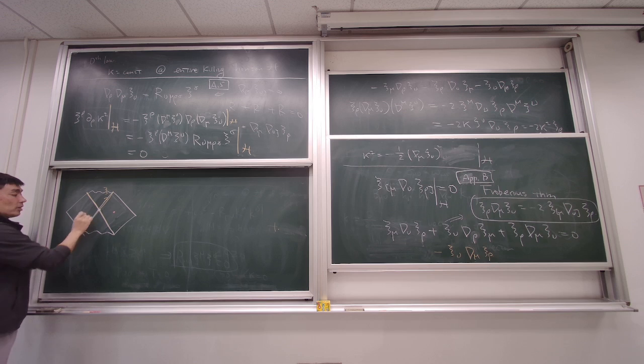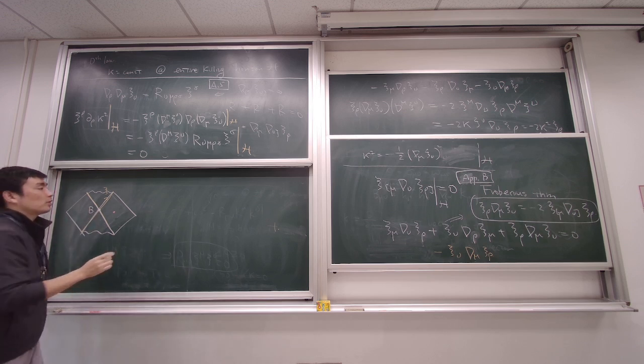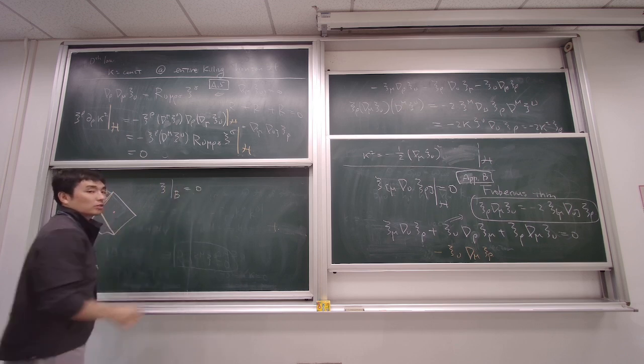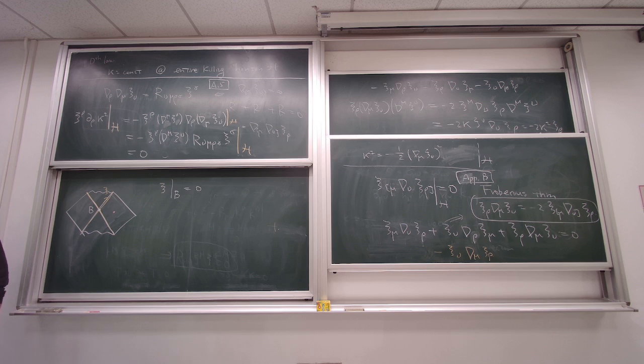So the bifurcation sphere B. We learned that C at the bifurcation point is equal to 0. That's what we learned last time, long time ago.